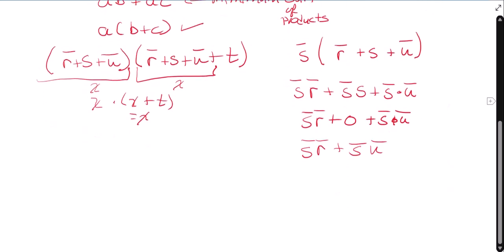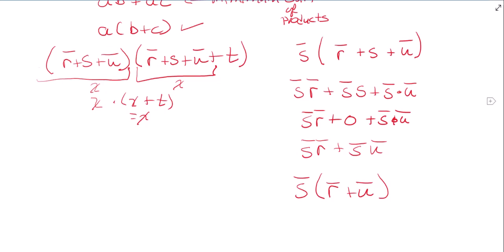And then here's where I have to be careful about my minimum cost. If I factor out a not s, and I get not s and (not r or not u), then that's a more minimum cost than the one I had before.